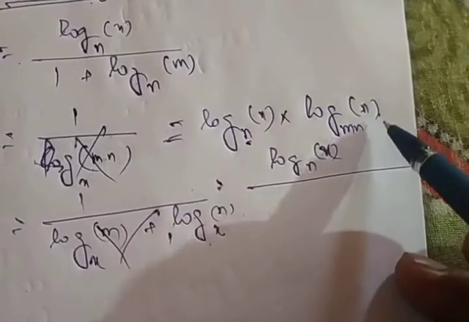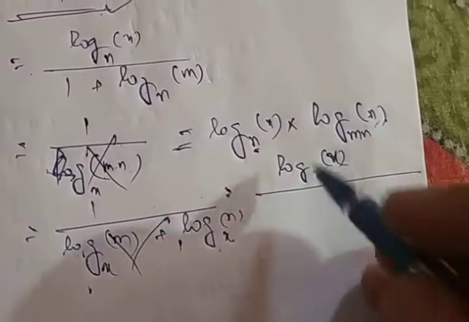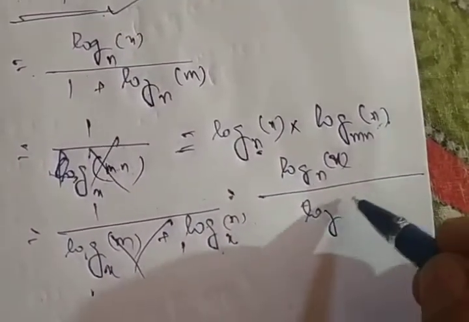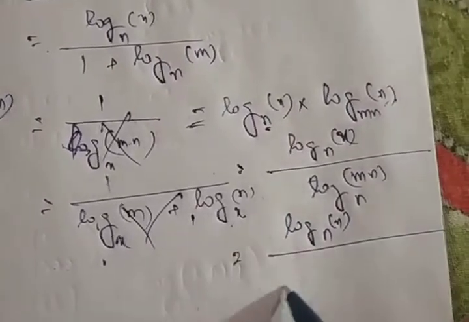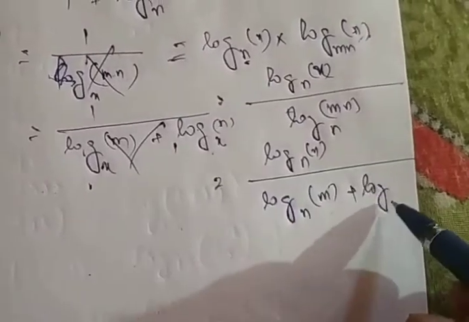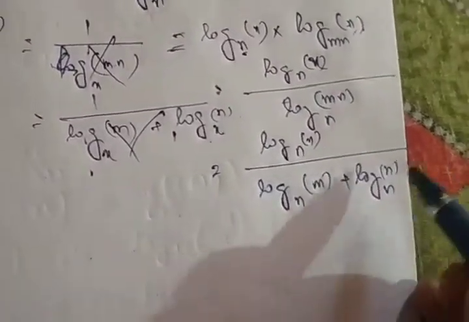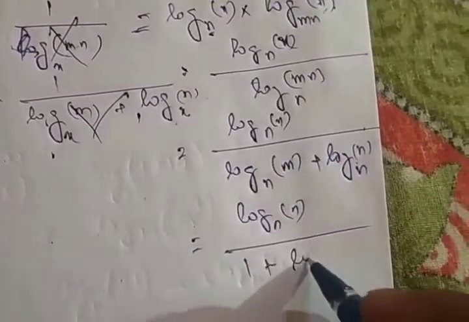By applying the previous formula, the denominator will be log of mn with respect to base n. Now we apply the product formula, we get log of m with respect to base n plus log of n with respect to base n. Now this gives 1. This is 1 plus log of m with respect to base n. This is the proof.